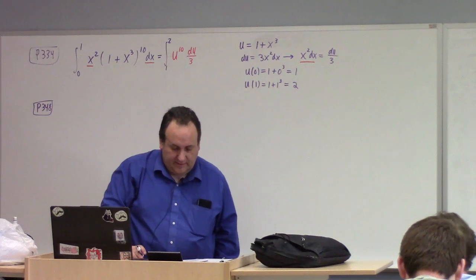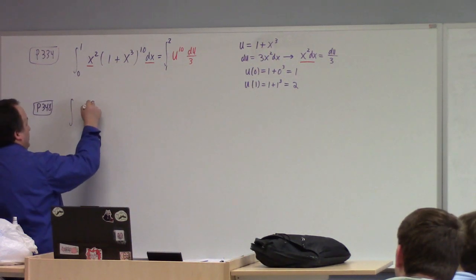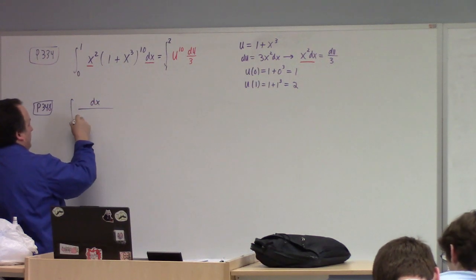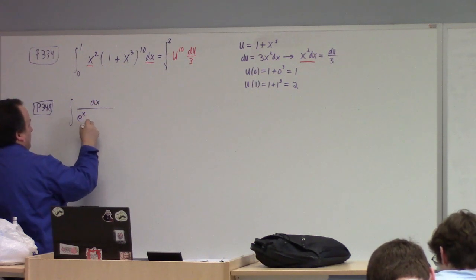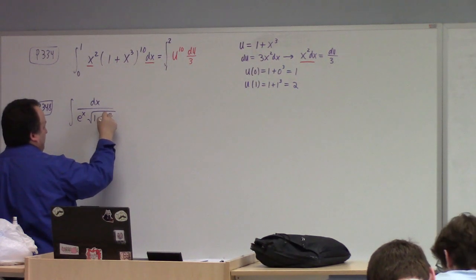All right, so let's look at this. We've got the integral of dx over e to the x times the square root of 1 minus e to the 2x. Well, minus 2x, right?